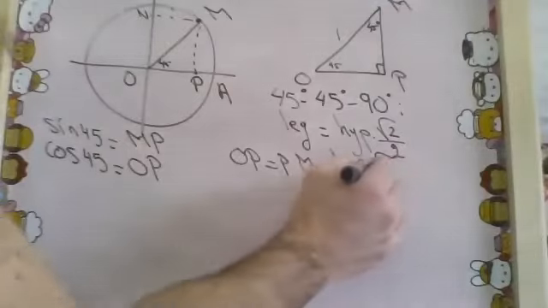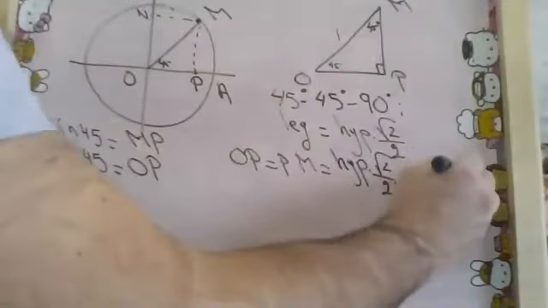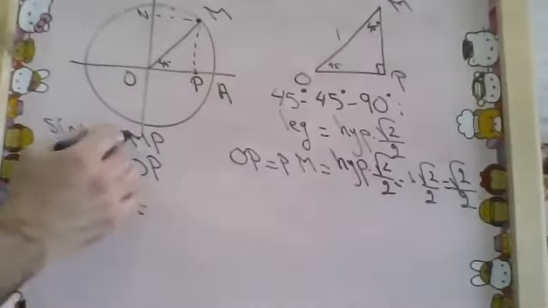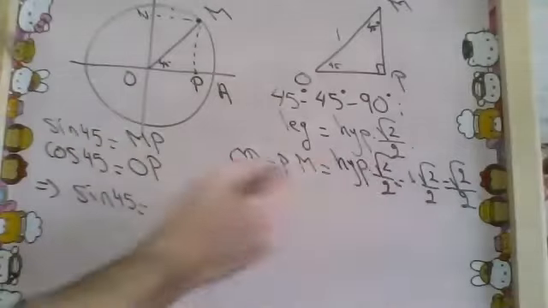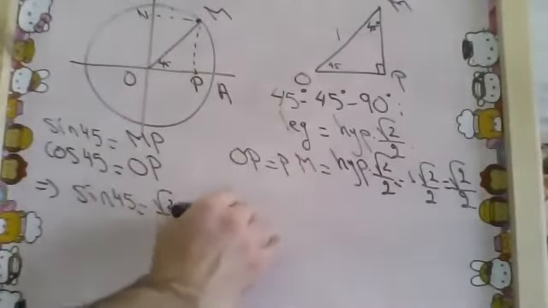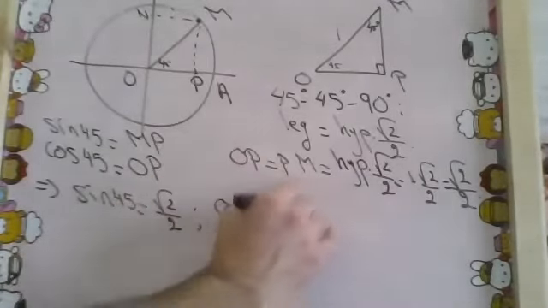The hypotenuse is 1 because the circle is trigonometric circle, so the radius is 1. So 1 times radical 2 over 2 is radical 2 over 2. That means that sine 45 is equal to MP, which is radical 2 over 2, and cosine 45 is also equal to OP, radical 2 over 2.